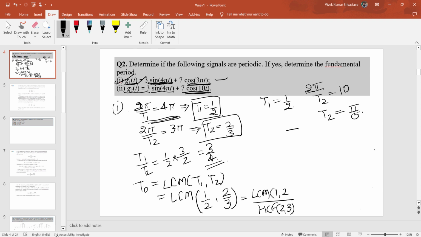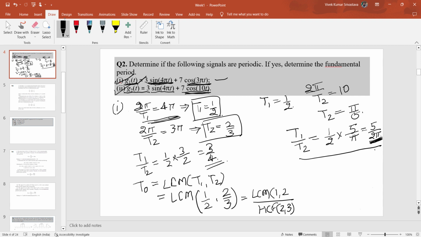Now if we take the ratio of T1 by T2, this will be equal to pi by 5 by 2 pi, which is an irrational number. This is not a rational number anymore. So we can say that this signal g2(t) is not a periodic signal.